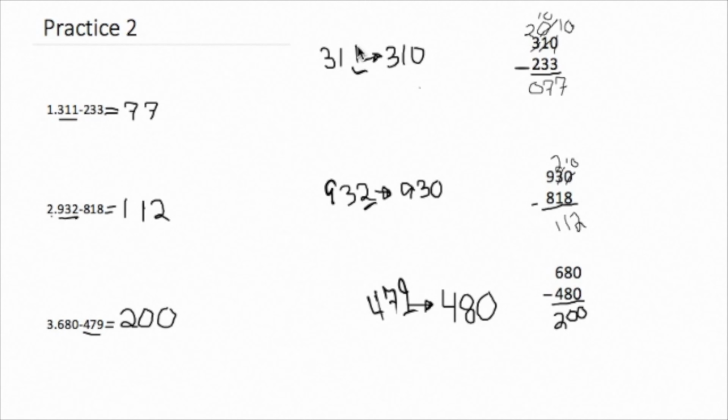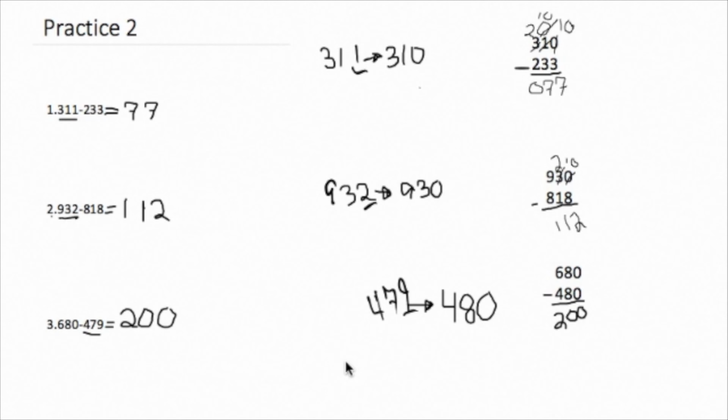So 311 rounds to 310 because 1 is less than 5, so you round down. Then all you gotta do is subtract 233 from 310, and you get 77. And that's what I got.